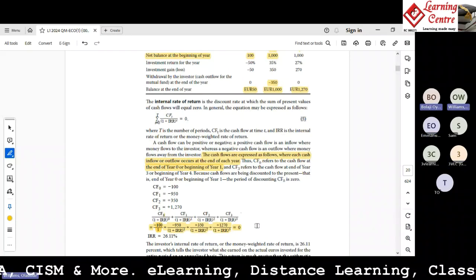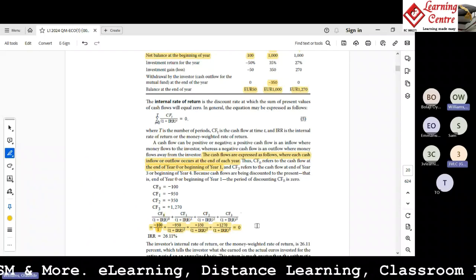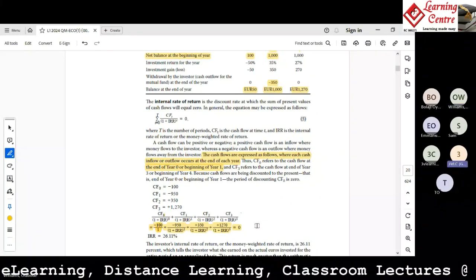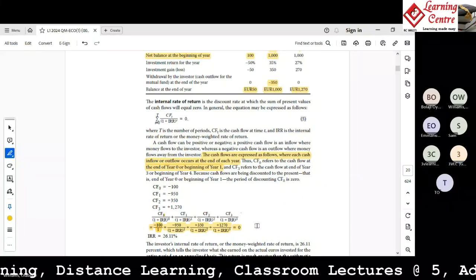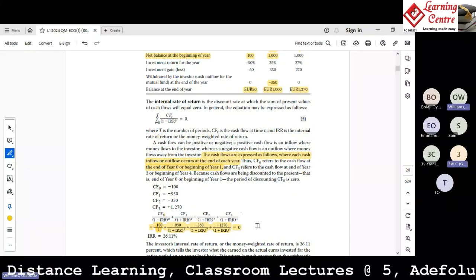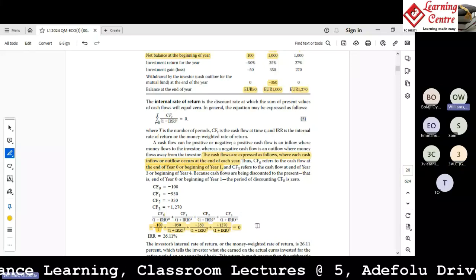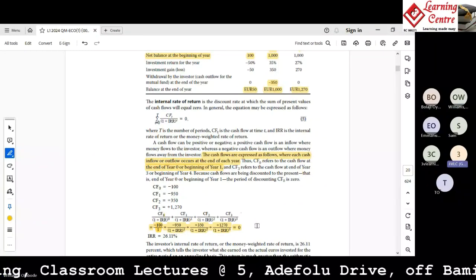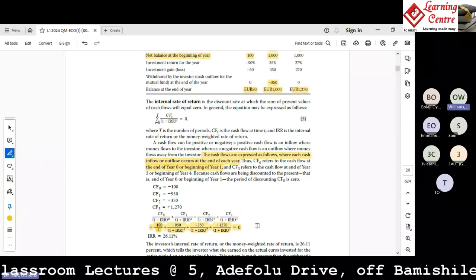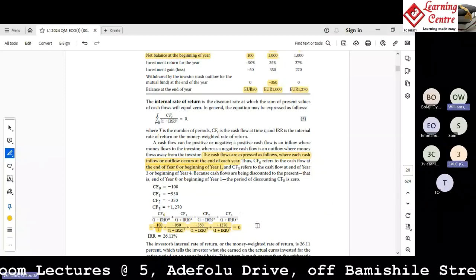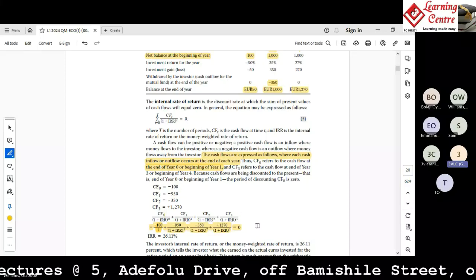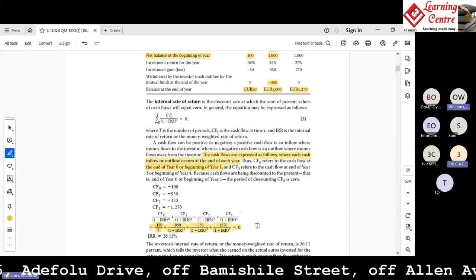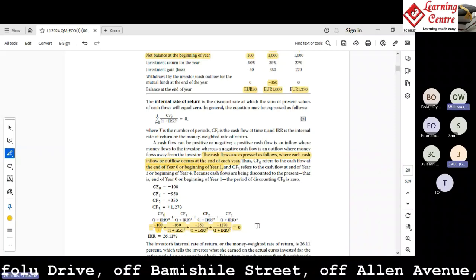Let me call it again. 279.70 multiplied by open bracket 30% minus 10% close bracket, all over open bracket 279.70 minus 45 close bracket.